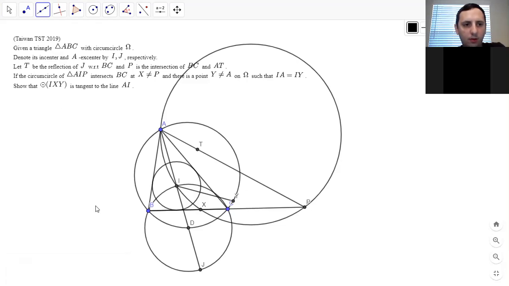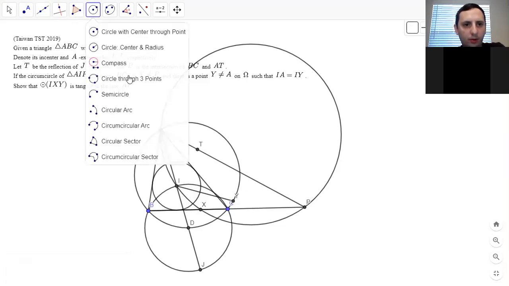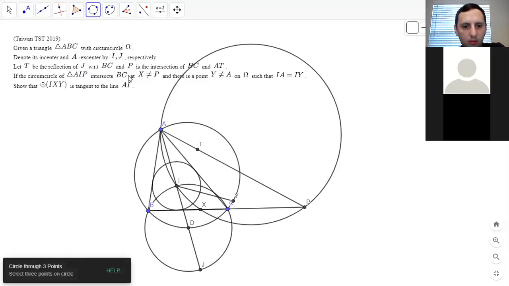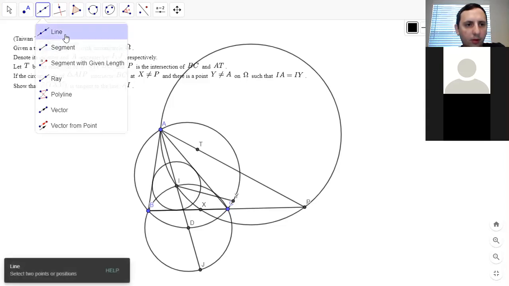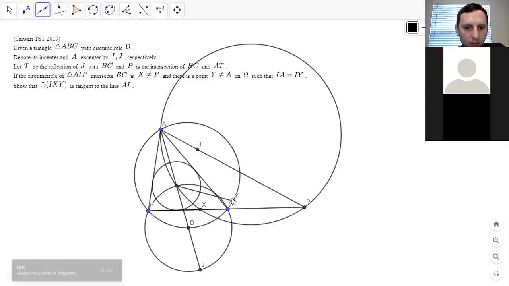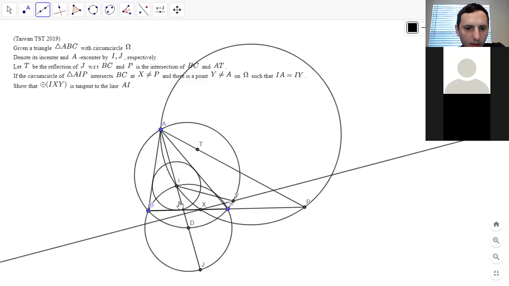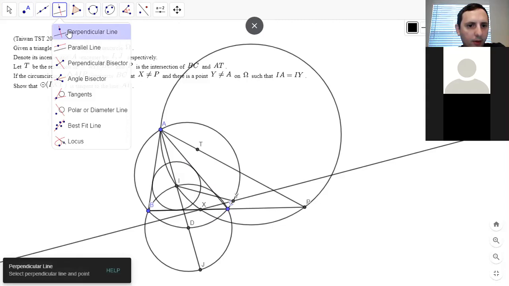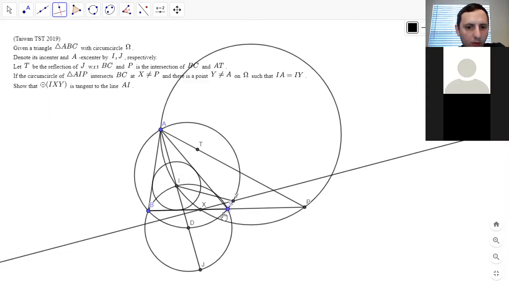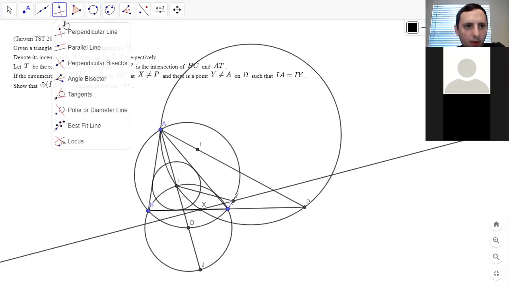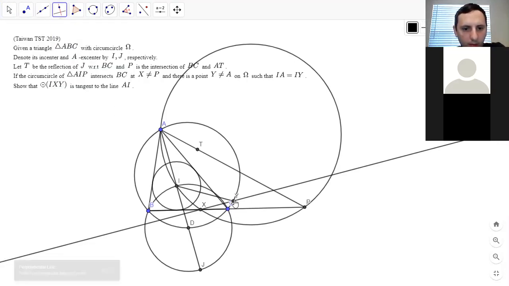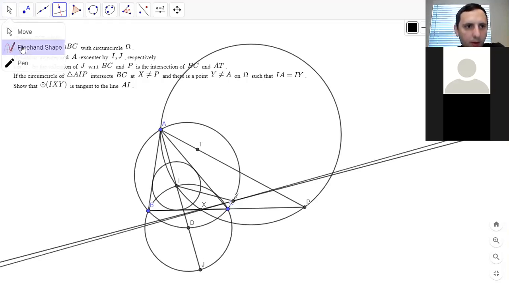It's interesting. I guess it's probably worth drawing this. Are IJ and XY perpendicular? They might be. Let's see. Yeah, it looks a lot like it. Let me draw the perpendicular from Y to AJ and see if it's the same line. Oh no, they're not.